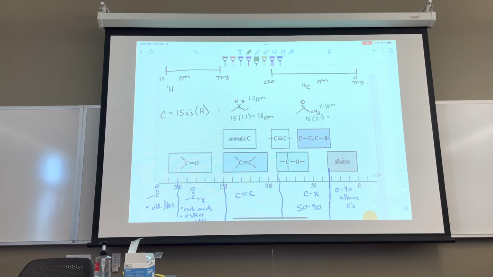We would expect that carbon of the methyl group to be somewhere around, I'm just going to call it somewhere close to 30. All right. Any questions there on the difference in the chemical shift of protons relative to carbons?